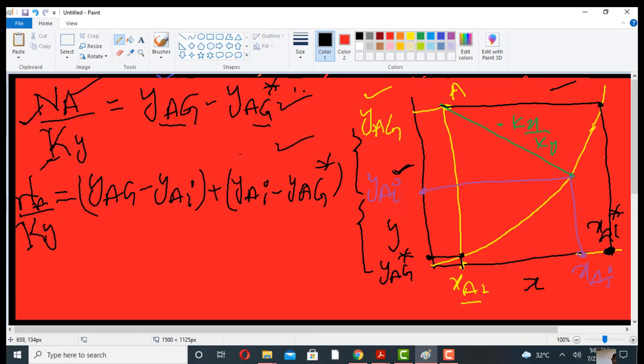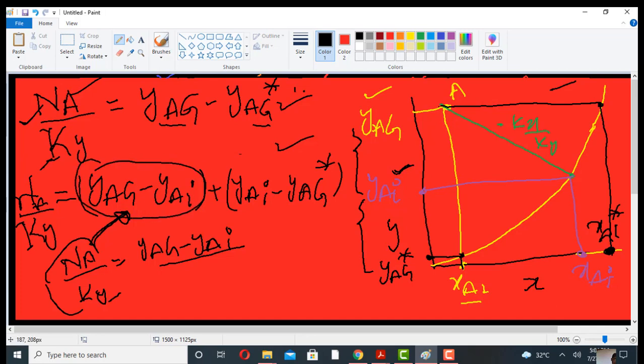Now we know that NA divided by KY is equal to YAG minus YAI, which is this term. So we will put NA divided by KY in place of this whole term.